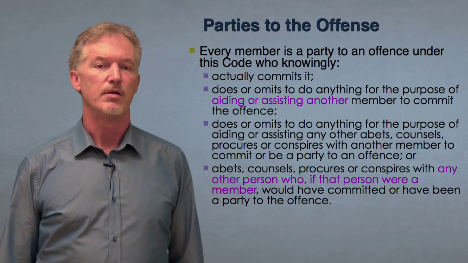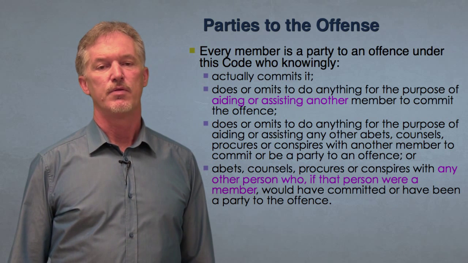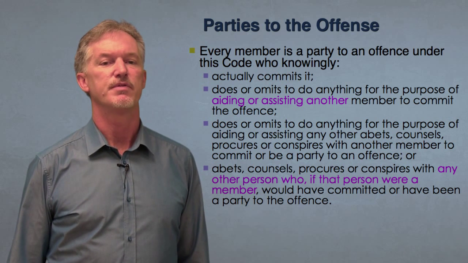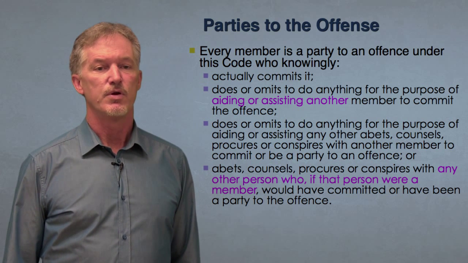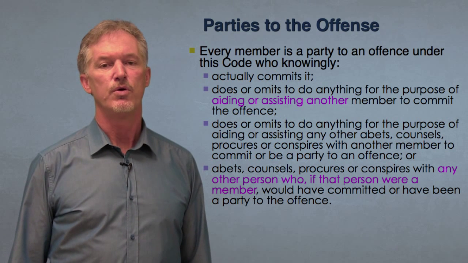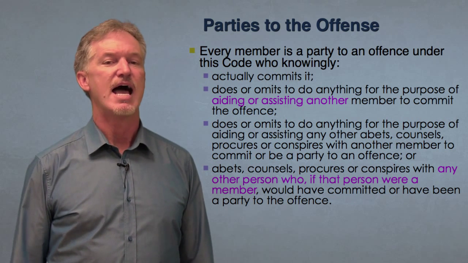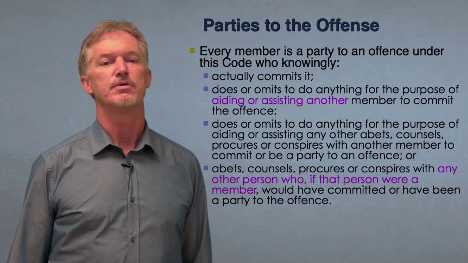What's important, and a lot of people don't get this part, so pay close attention, is the definition of who are parties to the offense. You can be a party to the offense if you're the one who actually committed the offense, but it also includes people whose actions or failure to act allowed or enabled the offense to occur.